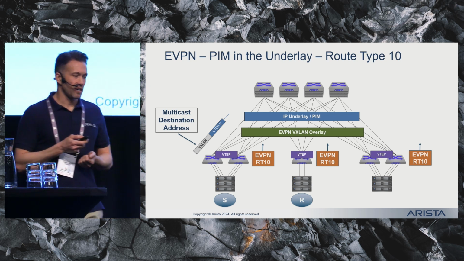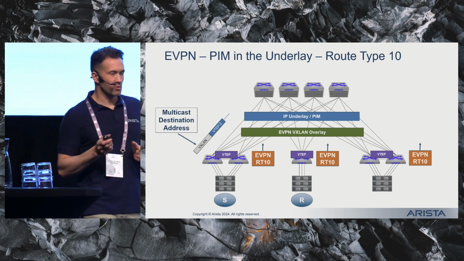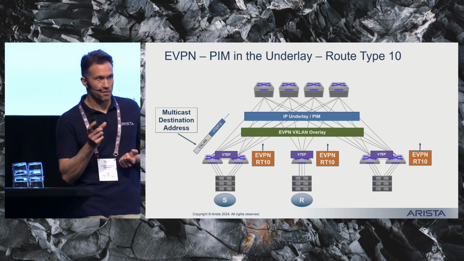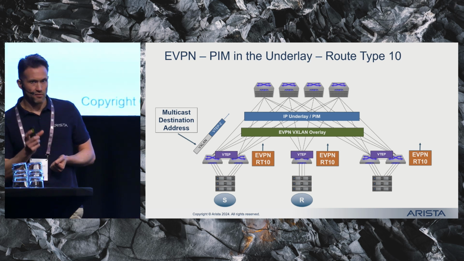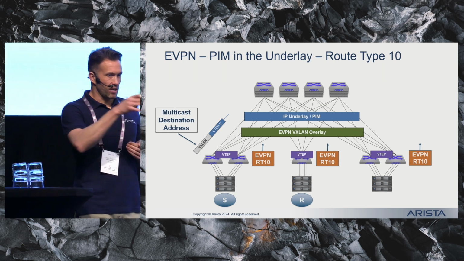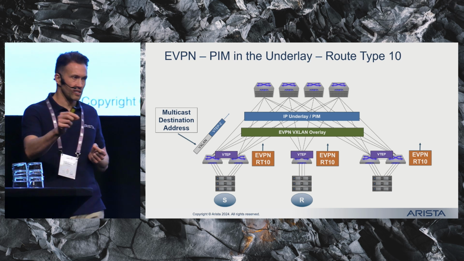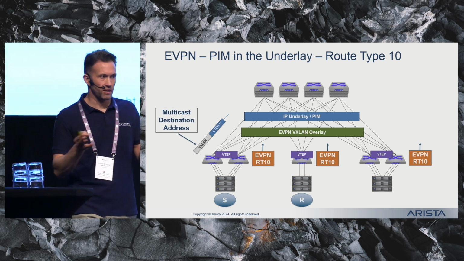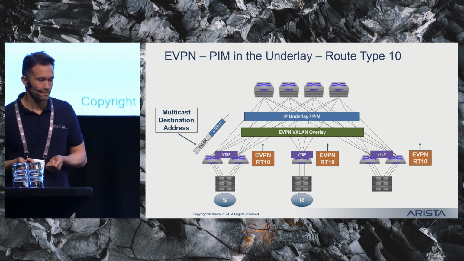So this means that the sourcing VTEP would, instead of using unicast in the VXLAN header, which is the default way, use a multicast address as the destination in the VXLAN header, which means that the encapsulated packet would actually use multicast to traverse the network, and hence only traverse each link once and get replicated in the network where it needs to be replicated, exactly how multicast is supposed to work.